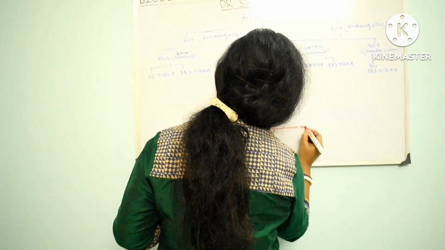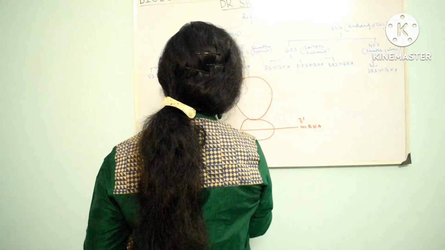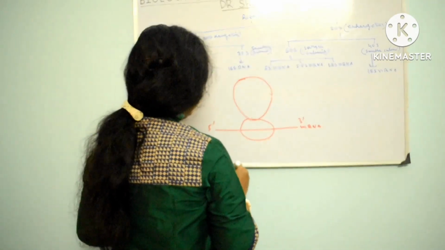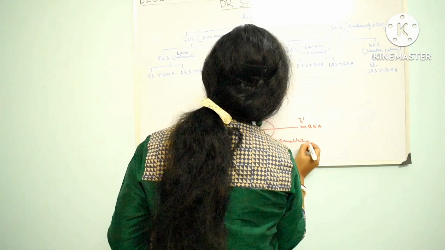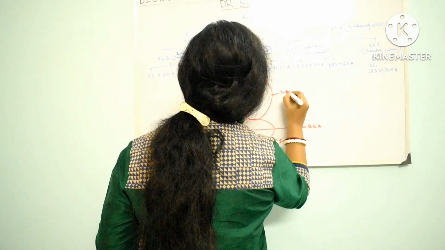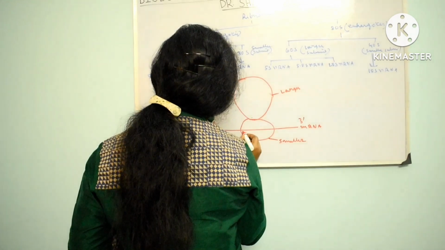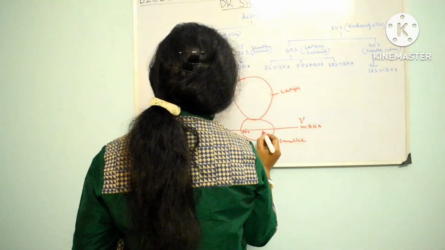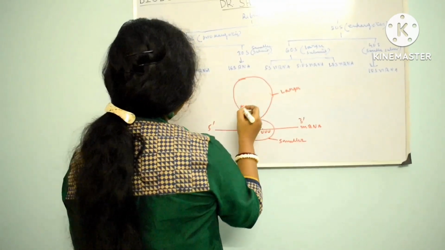This one is mRNA, with the 3' end and the 5' end of mRNA. Here is AUG, another codon, for example.